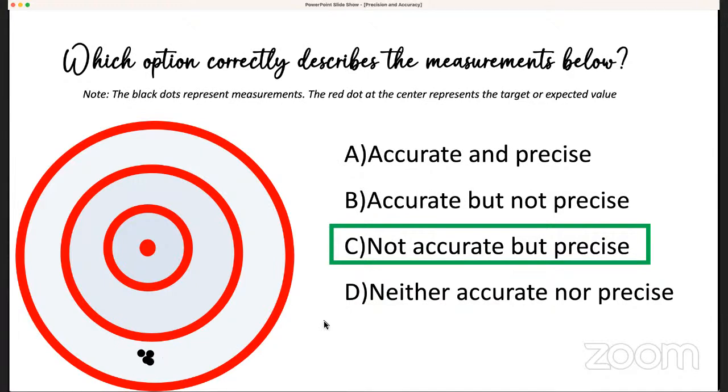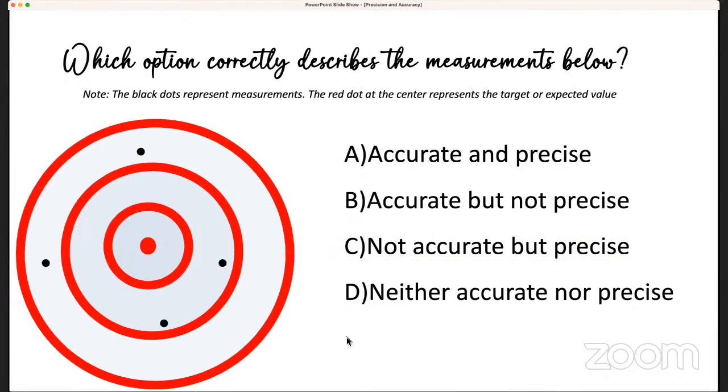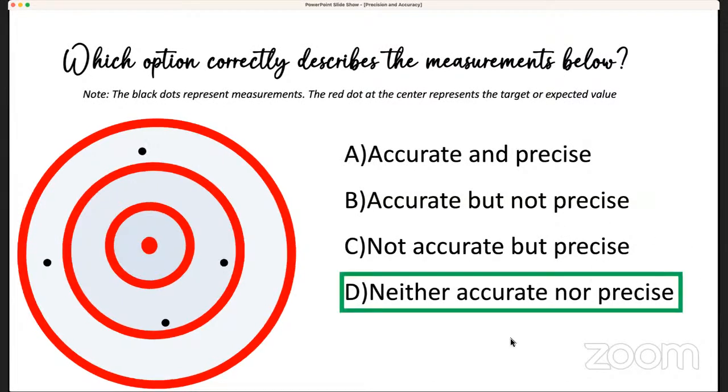And finally, we have this situation with the dots scattered all over the place. How would you characterize this? Okay, so the class says D, and D is indeed correct.